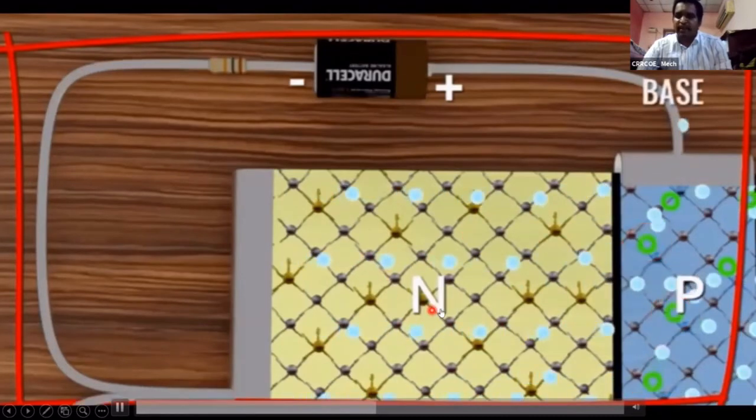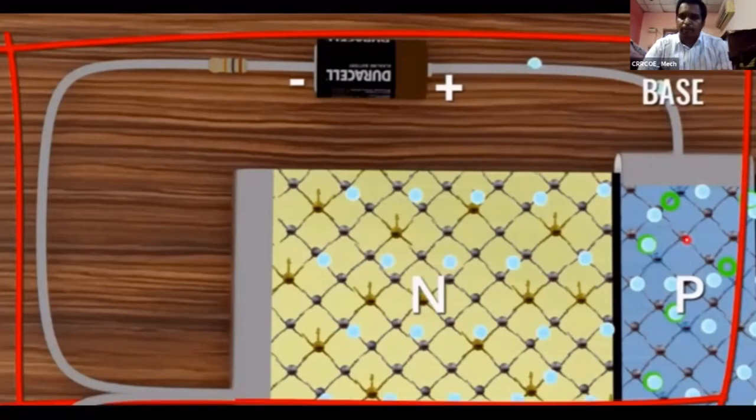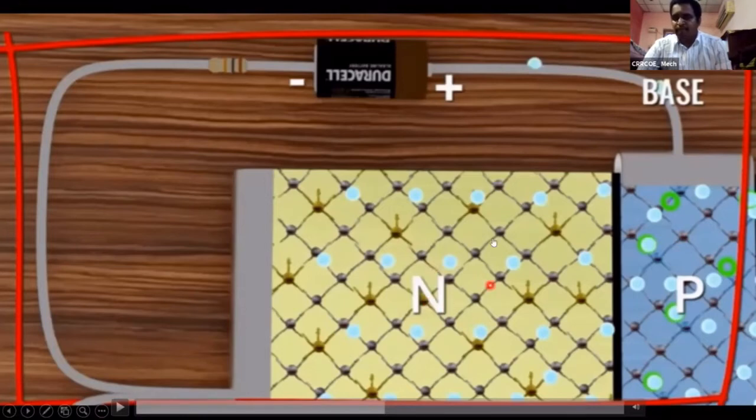The electrons in the N region move towards the P region because that PN junction is forward biased. There are holes in the P region, but the number of holes is less because it is lightly doped. Now the electrons emitted from the N region enter the P region. Now the electrons have divided into two parts.